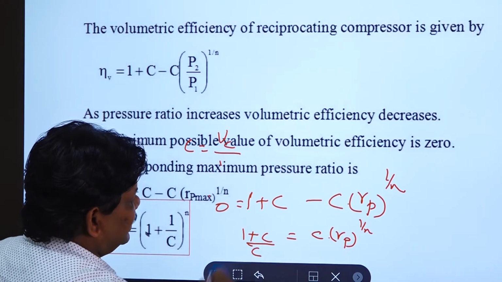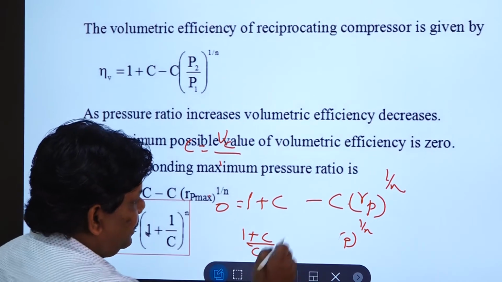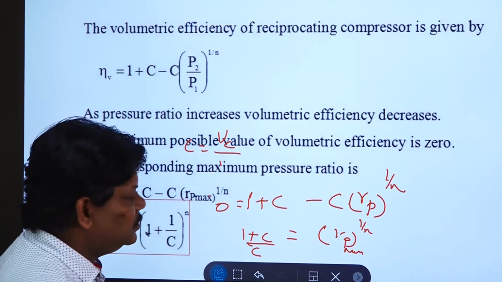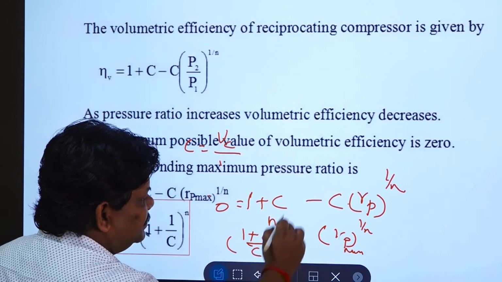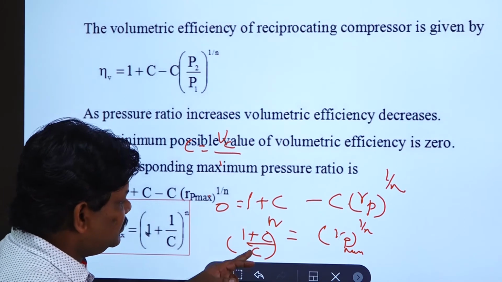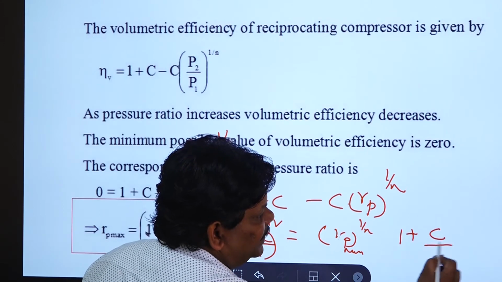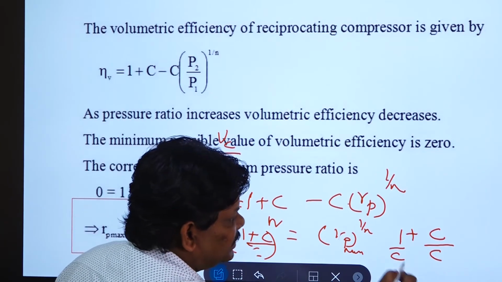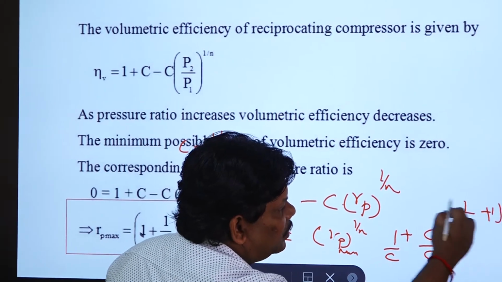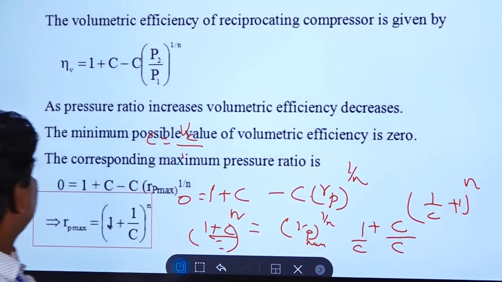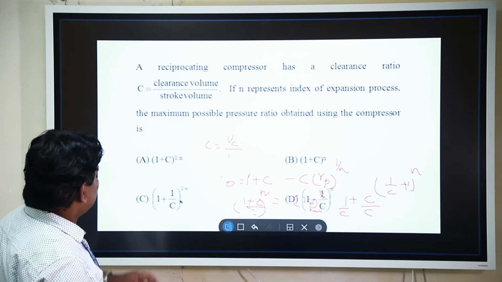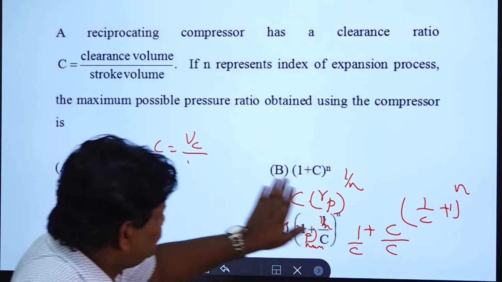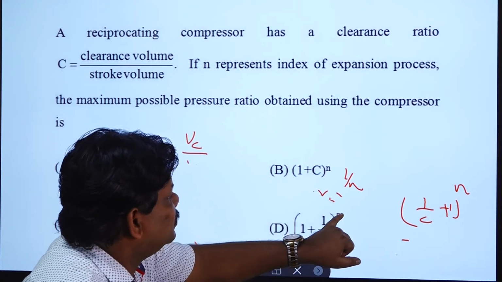Bring C to this side, so that you are getting the maximum value of Rp. When 1 by N comes to this side, it becomes N. Now you can change 1 plus C divided by C into 1 by C plus C by C. If you simplify this, it becomes 1 by C plus 1, whole power N. Do you get that option in any of these? 1 plus 1 by C whole power N, yes.